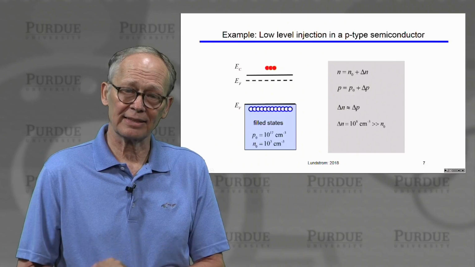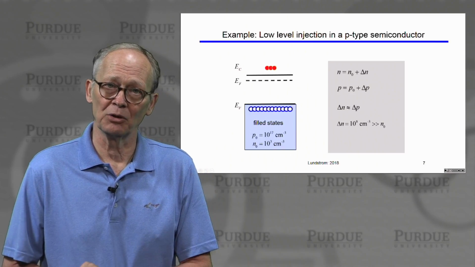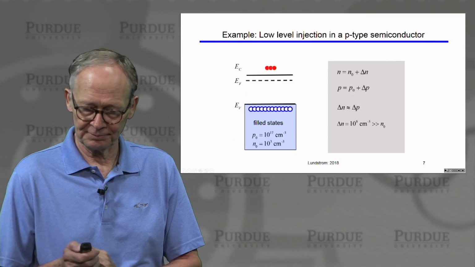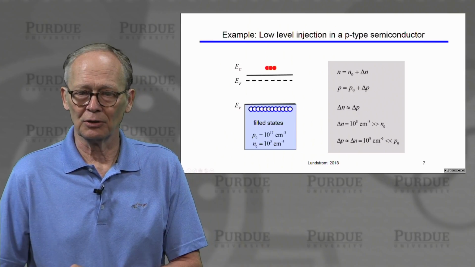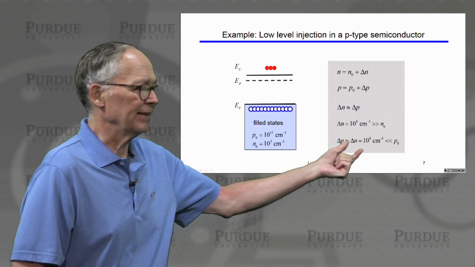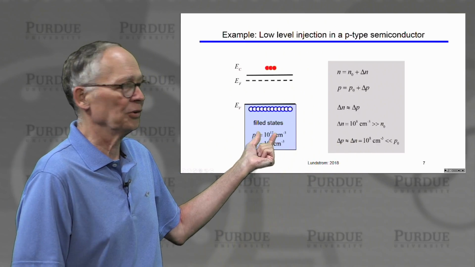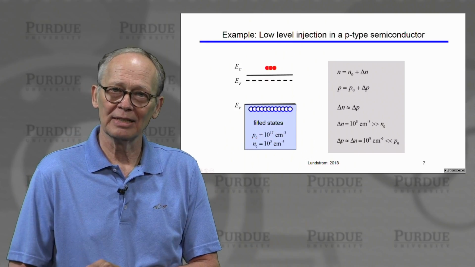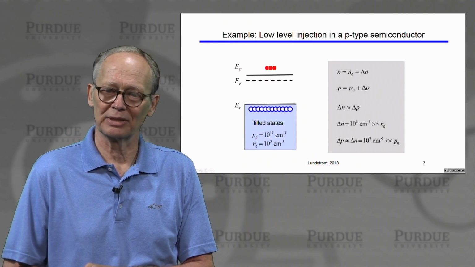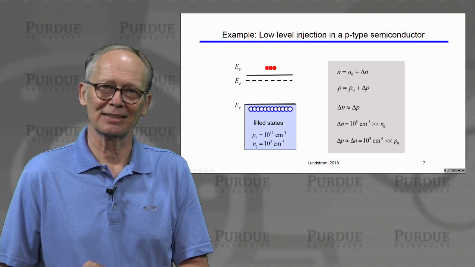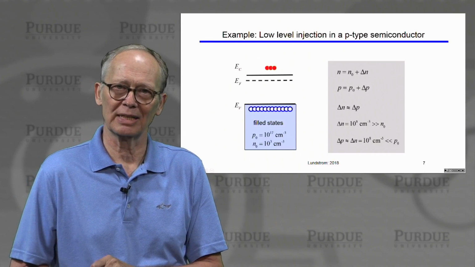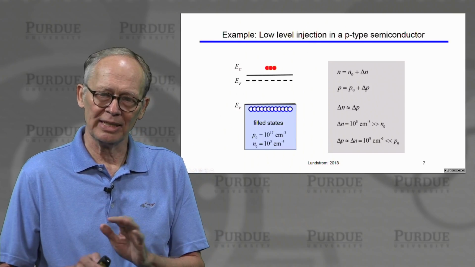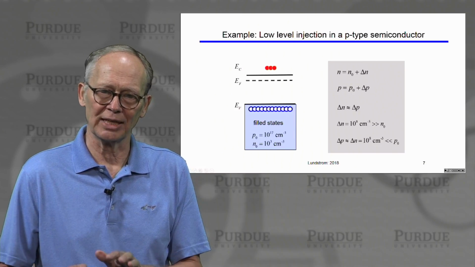So these excess carriers overwhelm the minority carriers that were there in equilibrium. But you'll also note that 10 to the 8th is 9 orders of magnitude smaller than the equilibrium hole concentration. So it's insignificant compared with the equilibrium hole concentration. That's what we mean by low-level injection.